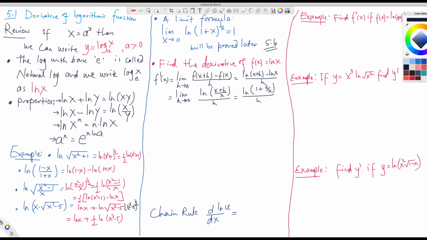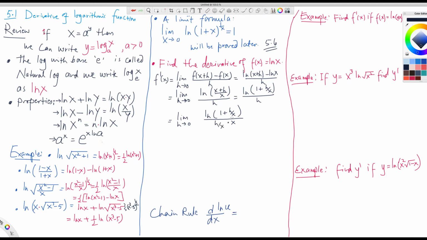Okay. Now I want to use that formula, natural log of 1 plus x. But instead of x, we have h over x. So we need there 1 over that h over x, right? So what I want to do here is write it like this. Limit as h tends to 0 of natural log of 1 plus h over x, divided by h over x times x.